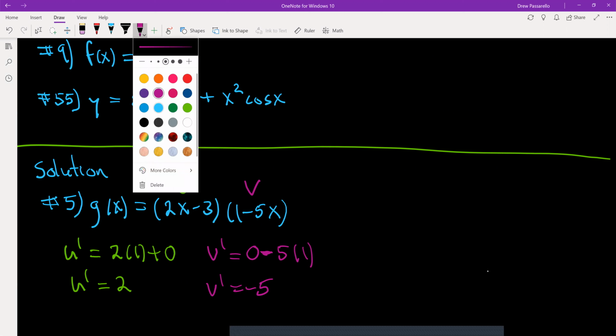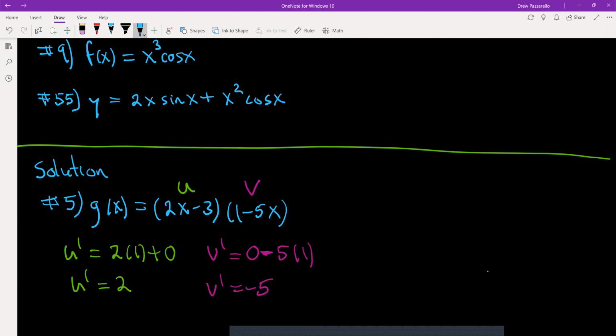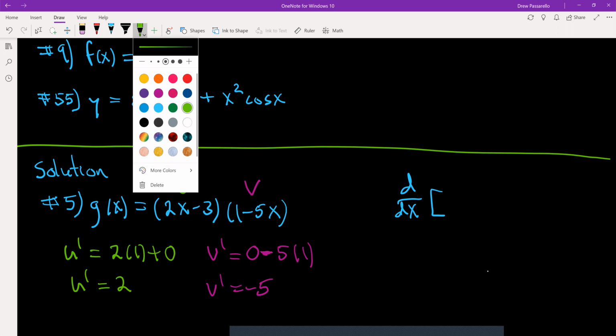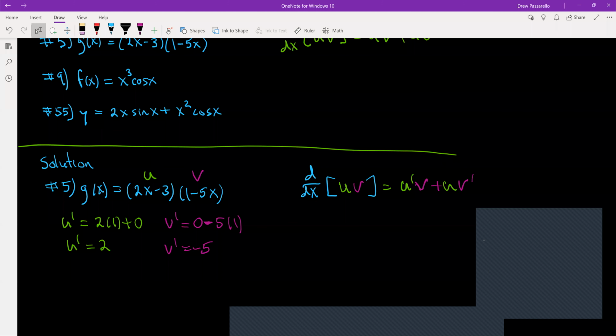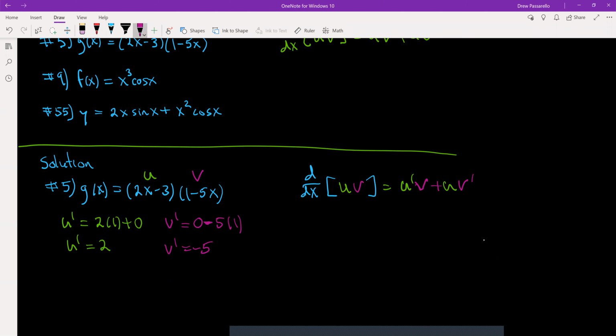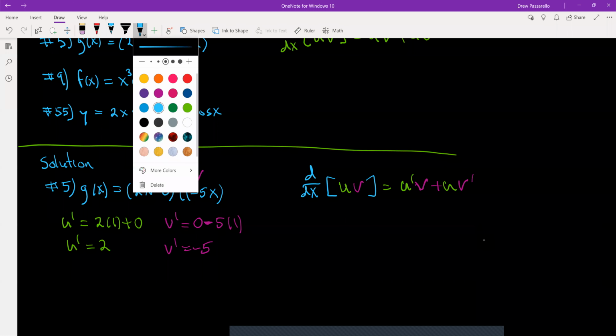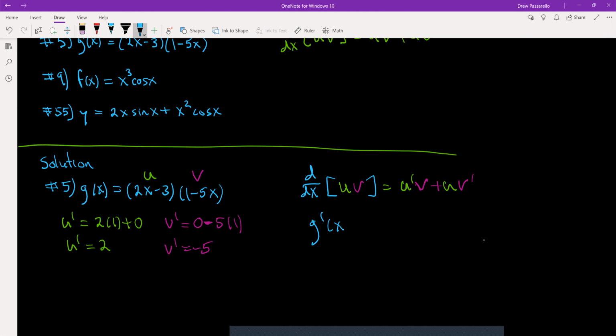So now I can use the product rule. So I'll write the general rule. All right, so I paused the video and wrote the general rule for the product rule. And this way I'm going to use the color coordination. So g prime of x, according to the product rule, it's u prime.